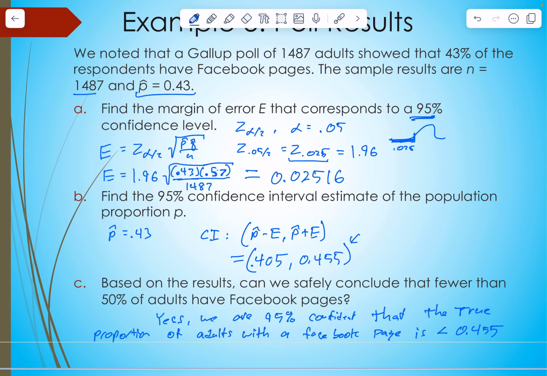If it's in the interval, it'll be less than this value, which in turn is less than 0.5, 50%. So if our actual population proportion is in this confidence interval, it is definitely going to be less than 0.5. And that's what they're asking, fewer than.